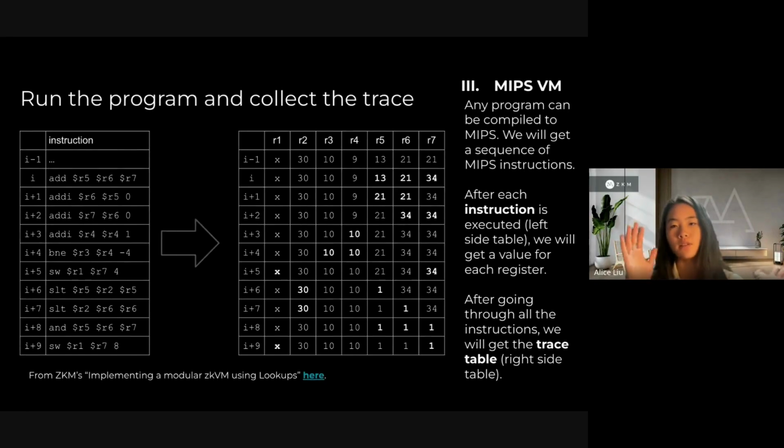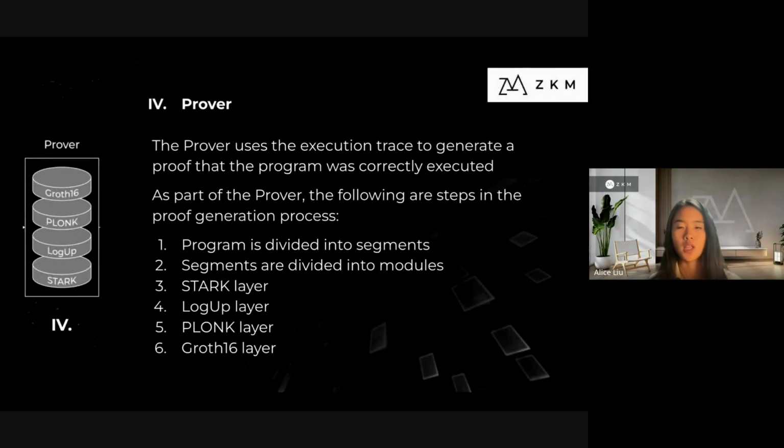The table on the right side is the trace table, your execution trace. So basically, the zkVM will go through all of these instructions line by line and will output the results in the form of a trace table, which is shown on the right. The prover will use the execution trace to generate a proof that the program was correctly executed.